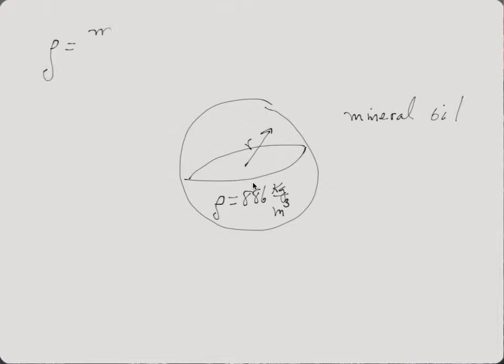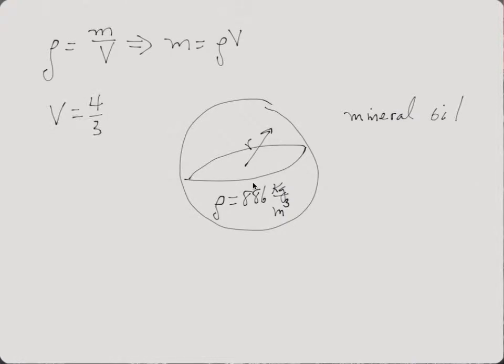The density is just the mass over the volume. Okay. Now the volume of a sphere, and let me just do this. This implies that the mass is just going to equal the density times the volume. Now the volume of a sphere is this. You can always look this up.